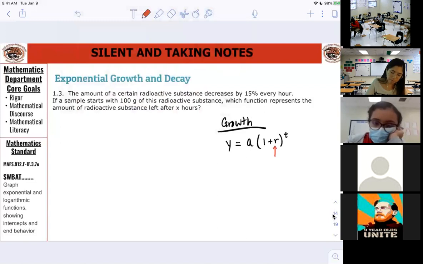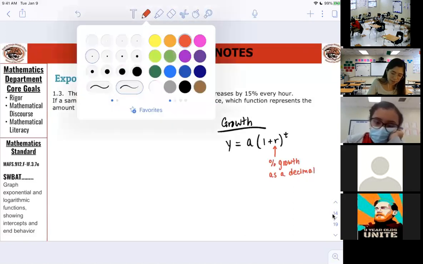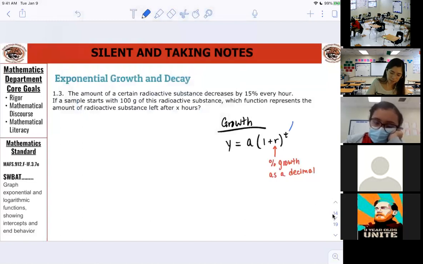The rate. Specifically, this is the percent growth rate of change, but we have to write it as a decimal, not a percentage. And then instead of x, they have a t, which is just time, because with real world problems, it's always going to be something to do with time.